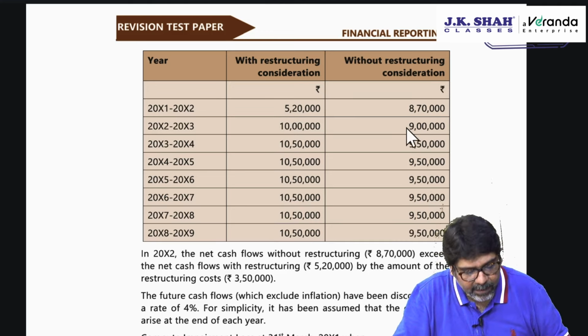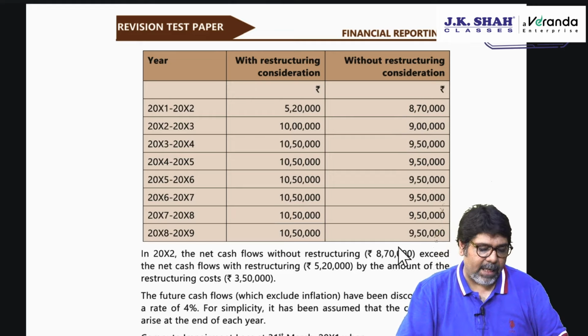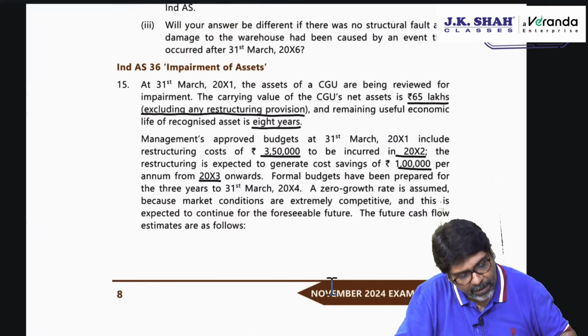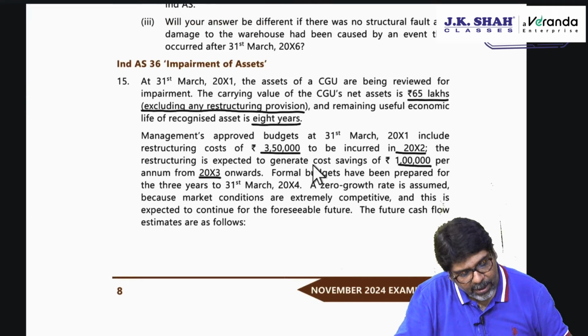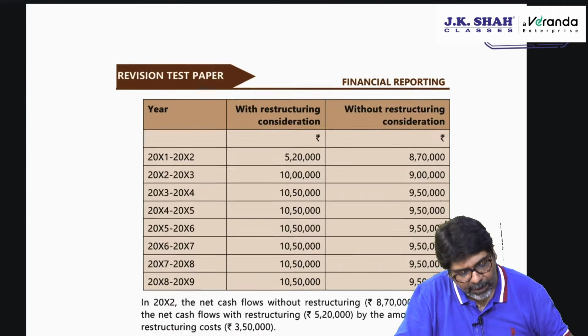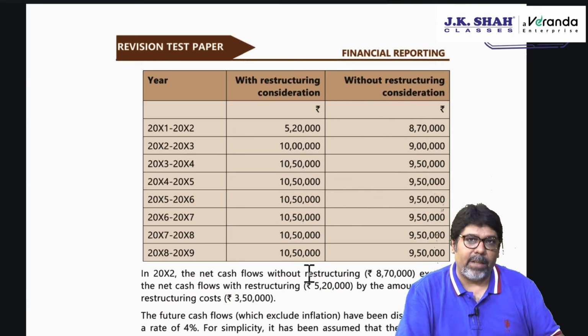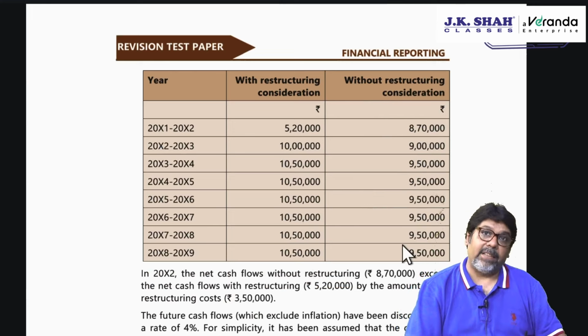But without restructuring, we are expecting 1 lakh less cash flows. Why? Because it is clearly given over here, expected to generate cost saving of 1 lakh. So with restructuring you are able to generate more cash flows, without restructuring less cash flows.